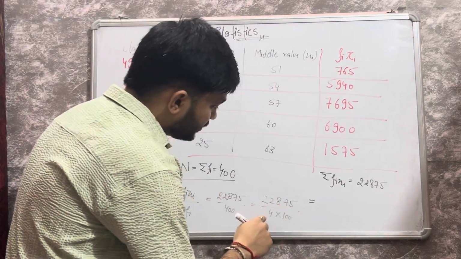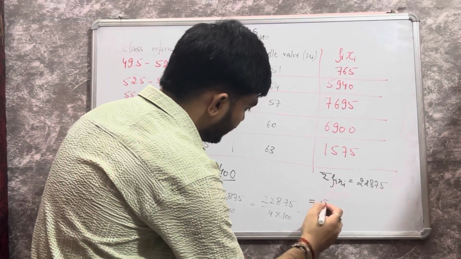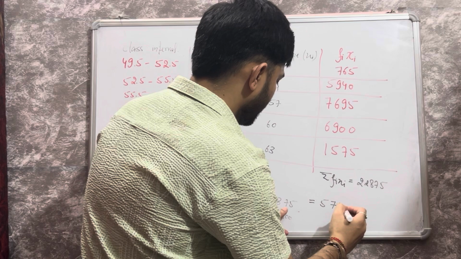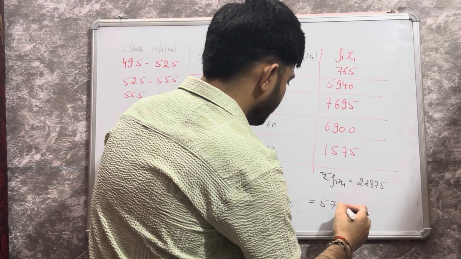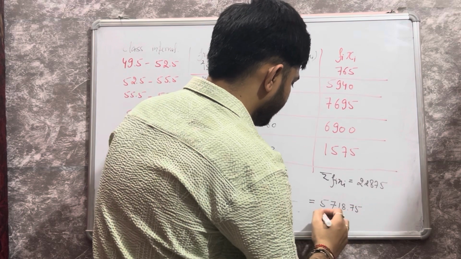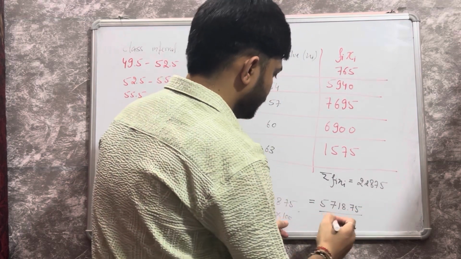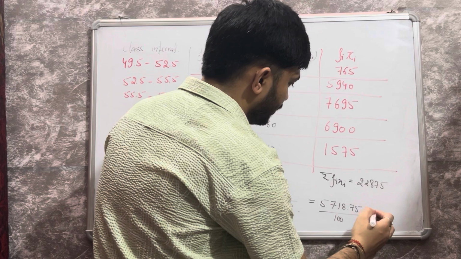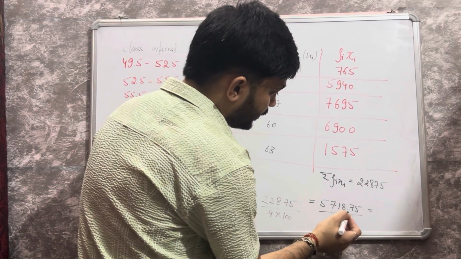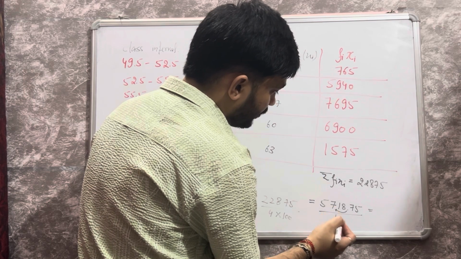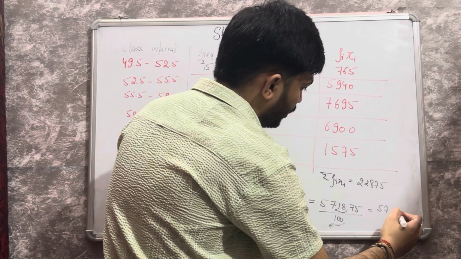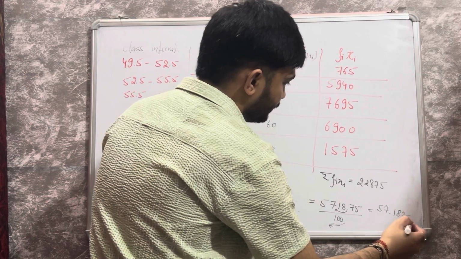Now divide this number by 4, you will get 5, 7, 1, 35, then 8.75. And here you will get 100. So now the 100 is in the divisor, so the decimal point is going to move left by 2 positions. So the answer will be 57.1875. Any doubt?